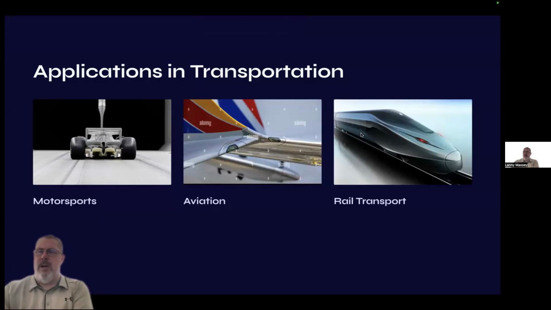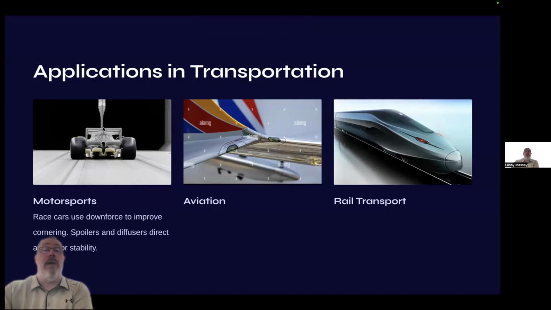Okay, we've kind of talked about some of these applications in transportation, like with motorsports, cars using spoilers and things like that to push down on the car so that they can get more traction, is a perfect example of that.